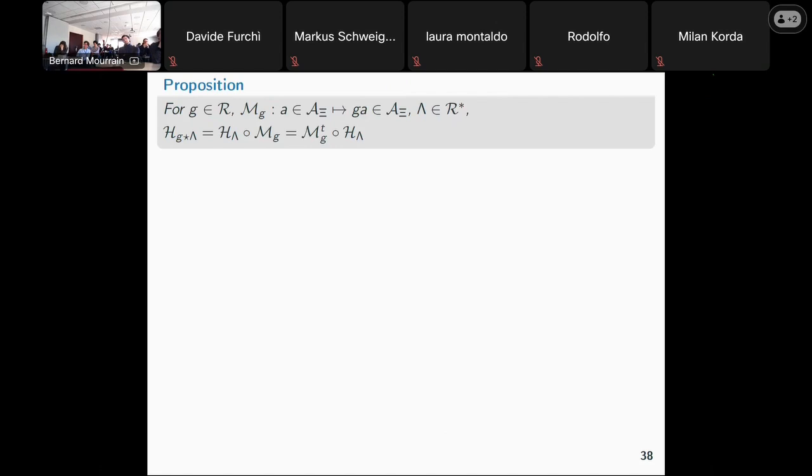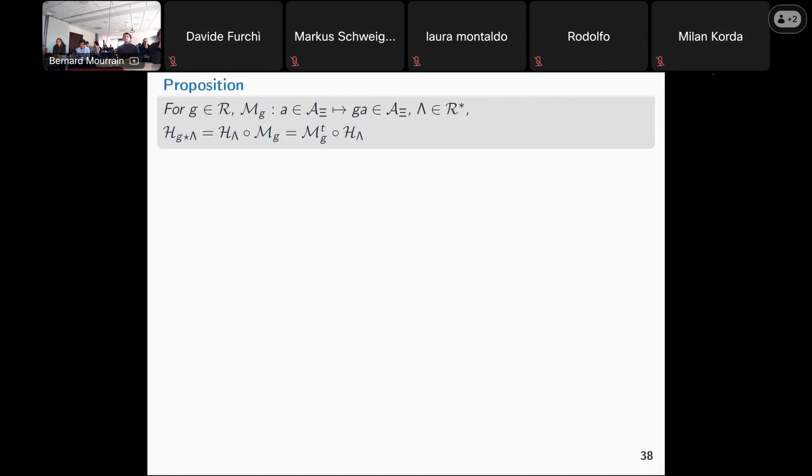So we have defined this operator H lambda or sigma for any linear functional, as we have seen in Kronecker theorem. So there is this map, multiplying by lambda, and this map H is going from polynomials to the dual.